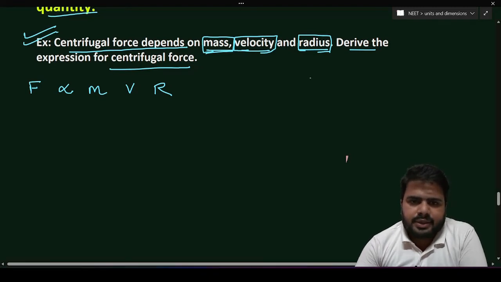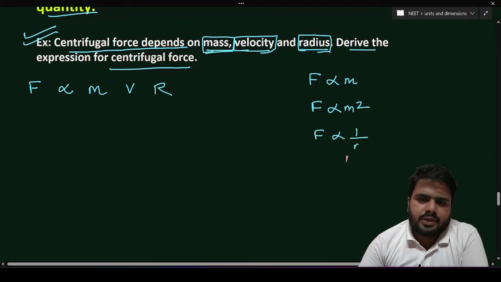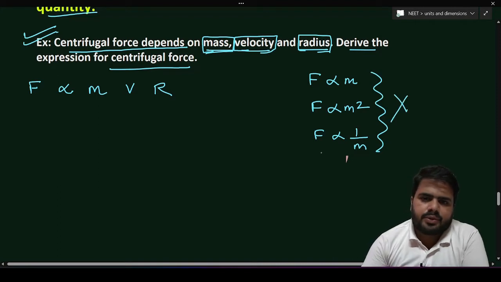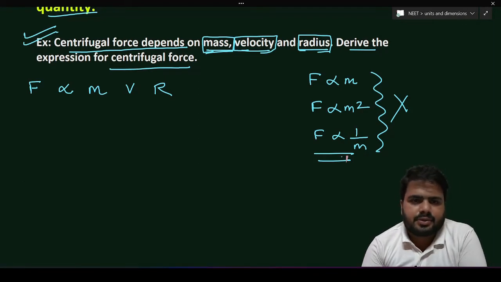That means whether the force is proportional to m, or proportional to m square, or inversely proportional to m. Nothing like this is given in the question. We don't know how it depends. Only this much is given, that the force depends on mass. How it depends is not given in the question.